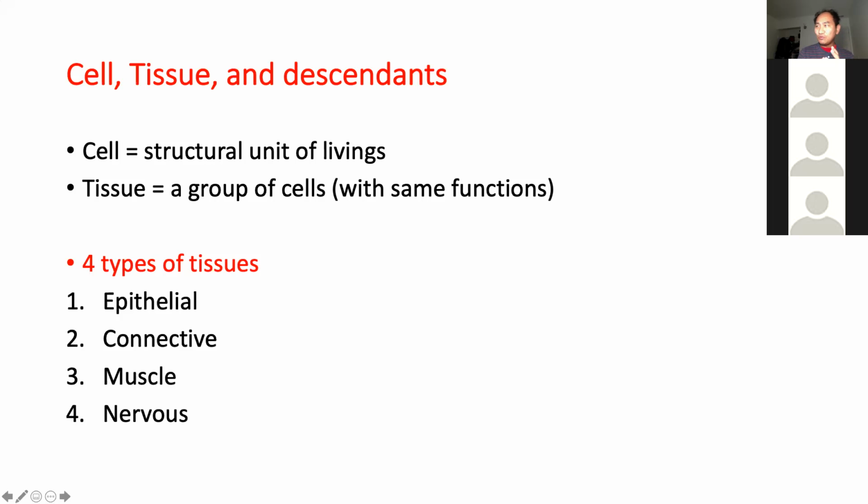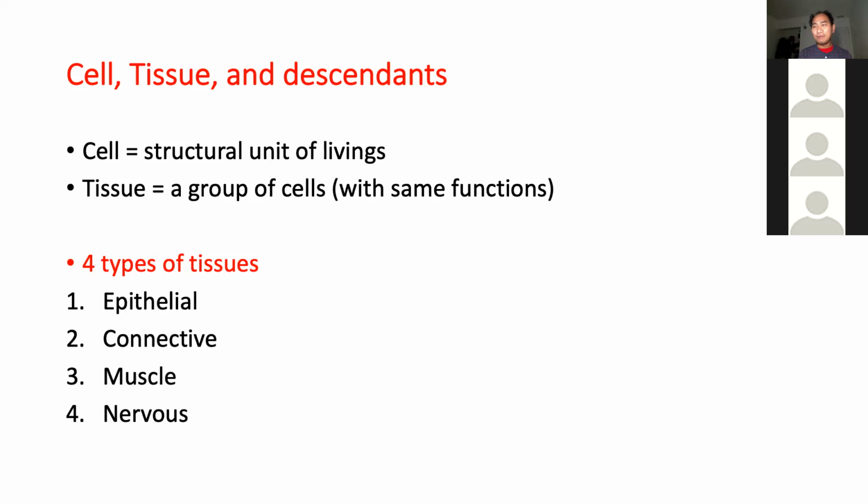A group of cells with the same function group together to form tissue. As we saw, there are trillions of cells in our body with similar functions, and therefore we group them into only 4 types of tissue.